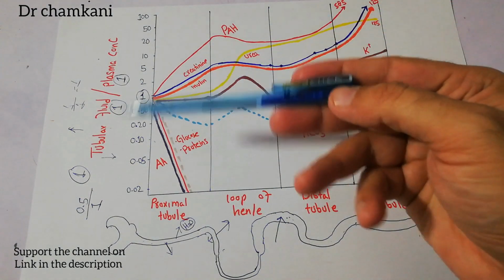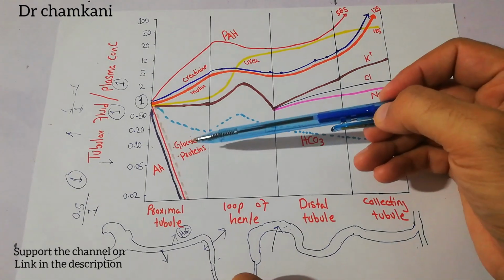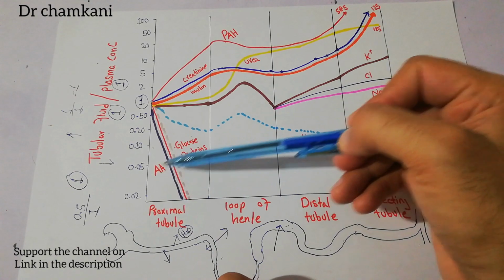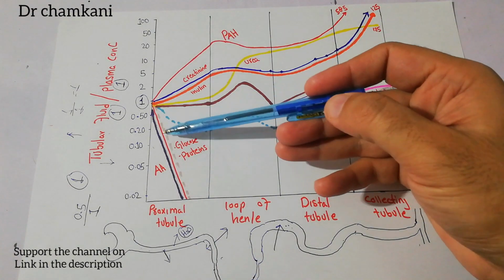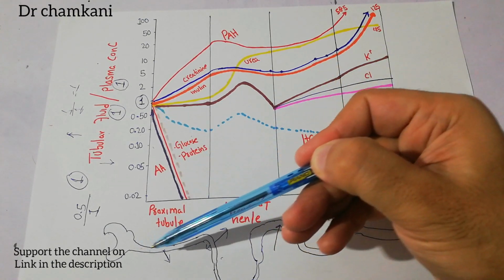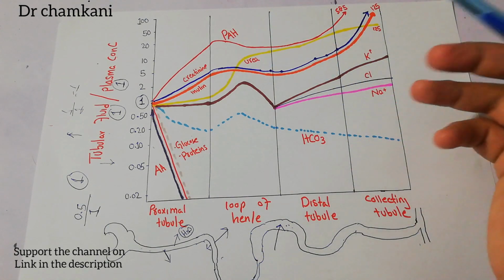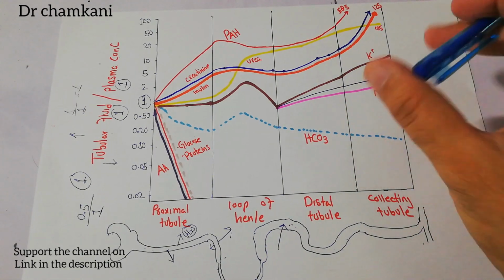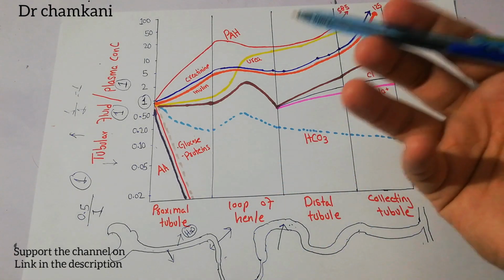Now this figure is also showing one important thing: important substances like glucose, proteins, and amino acids which are needed by the body, their concentration falls rapidly, and it falls very rapidly in the proximal tubule, the very first segment of the nephron. While the concentration of those substances which are not needed by the body and which are bound to be secreted, they are not reabsorbed, rather they are being secreted into the tubule.